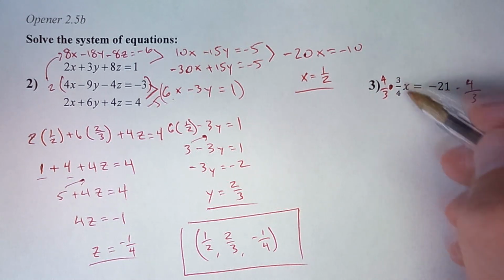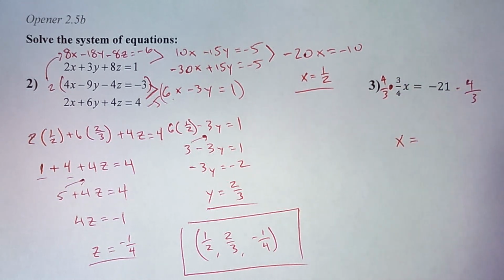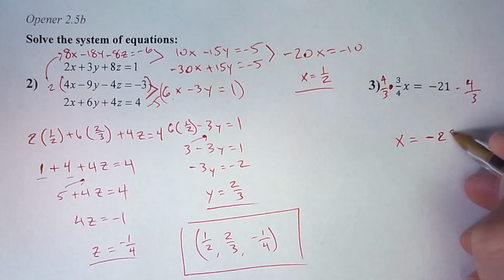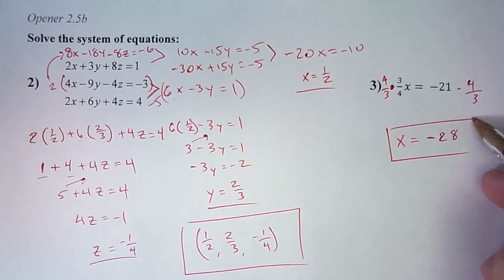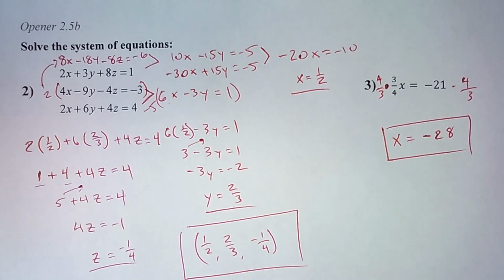The 4's cancel, the 3's cancel, I get 1x equals negative times positive, which is negative, and I can simplify this way. 21/3 is 7, and 7 times 4 is 28, so I get x equals negative 28.